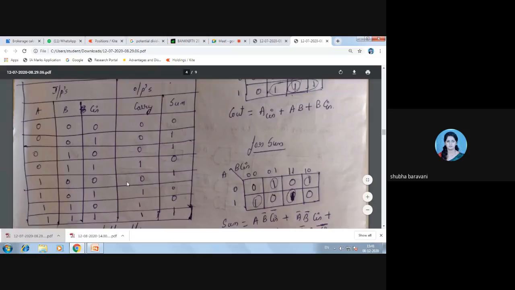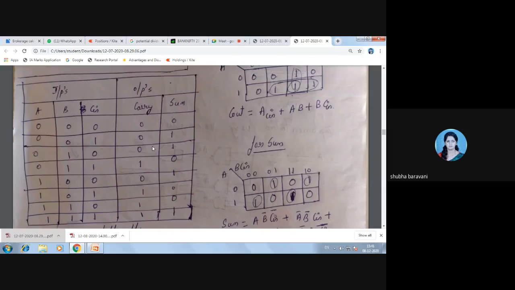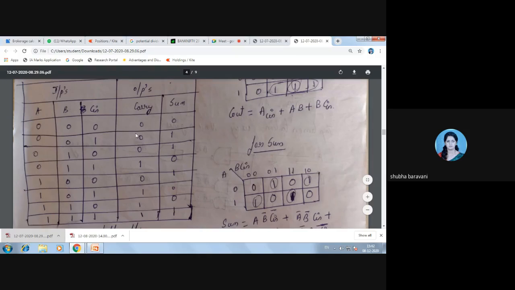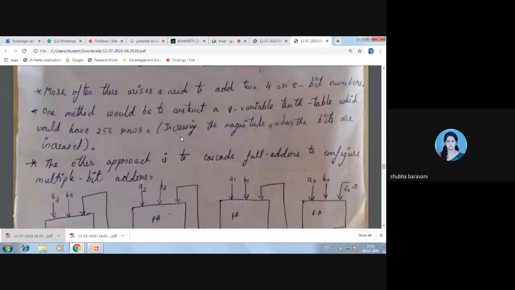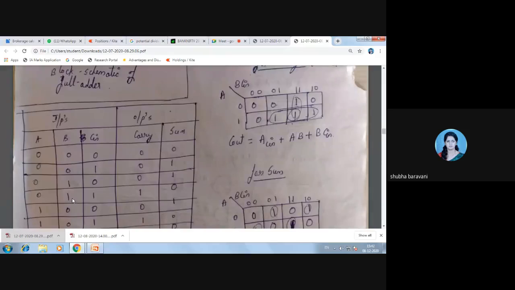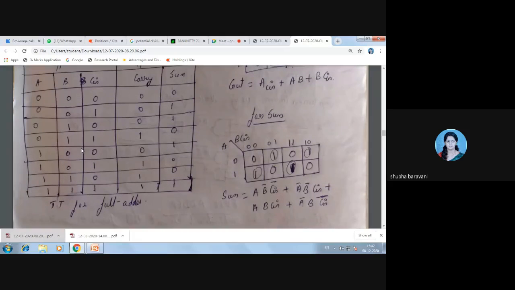So for 8 bits, how many rows would I require? 8 is what? 2 power 3. So for 3 variables I had to put 2 power 3 rows. So for 8-bit variables I will have to put 2 power 8 rows. 2 power 8 rows means 256 rows. Okay, so you would have to make such a truth table of 256 rows for 8-bit variables.